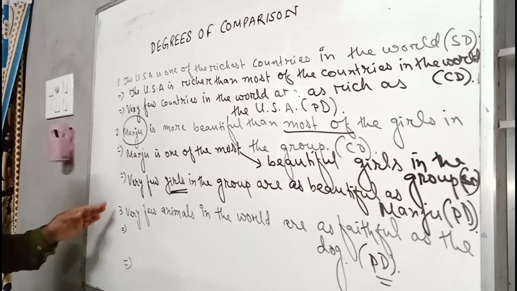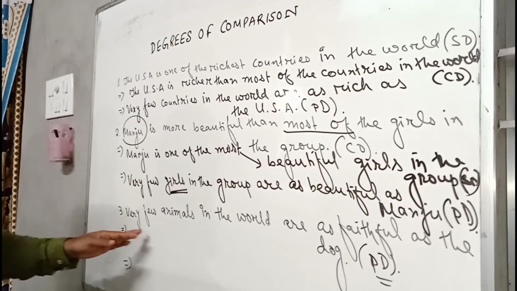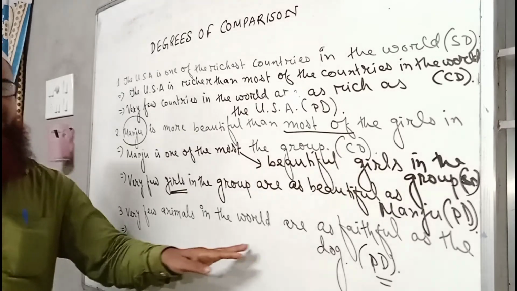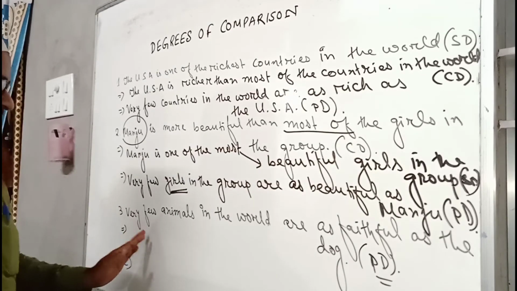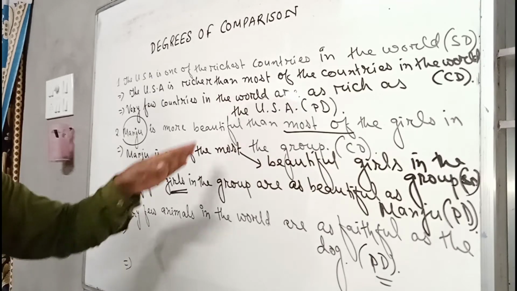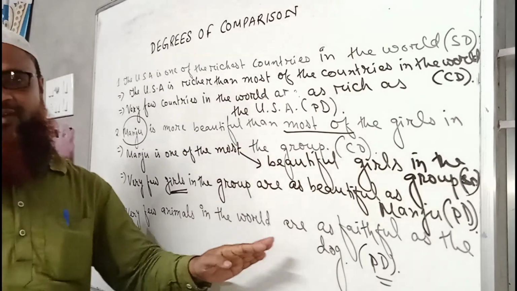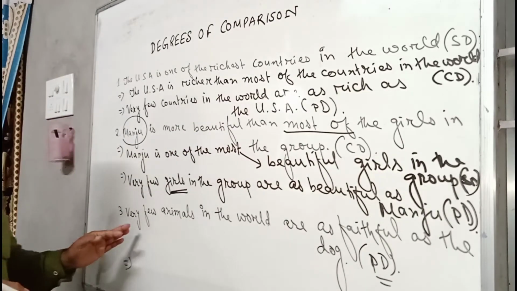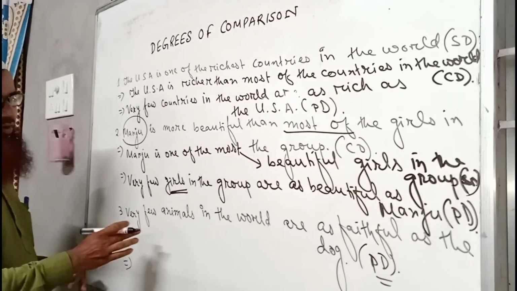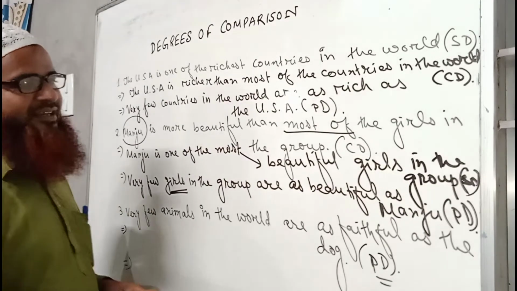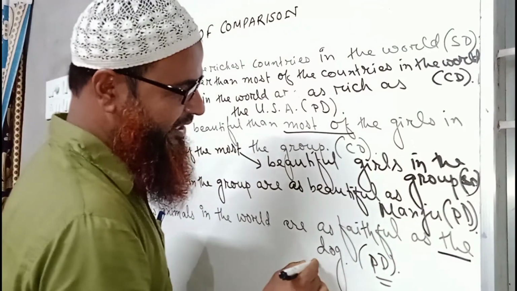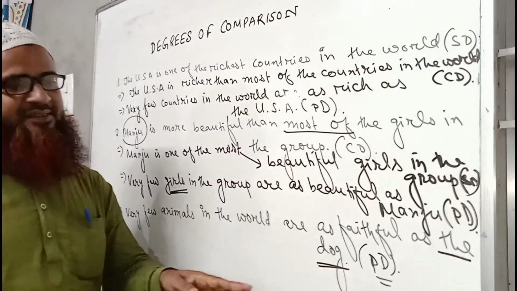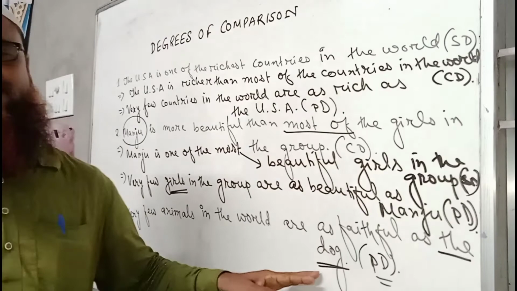Again, the last one, number 3. Here the sentence is written in positive degree because it has been started with very few. That is why we have to change it into comparative and superlative. So in comparative we have to write or start the sentence with the subject. And what is the subject? In positive degree, the subject is always written at the end of the sentence.